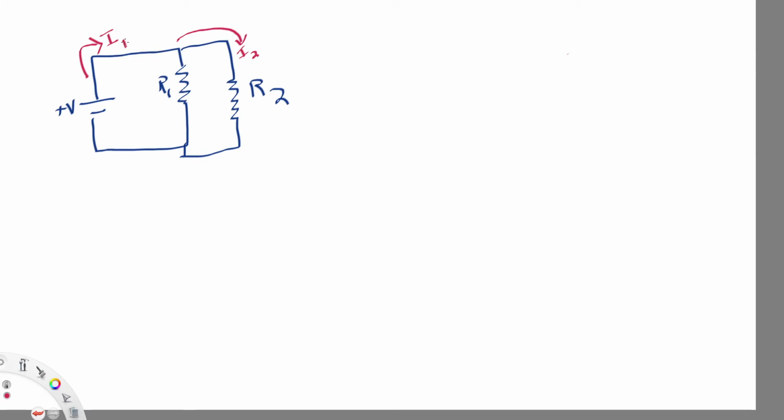And maybe we'll call this I0. So some of the current will go over this resistor 2, and some of the current will come down over resistor 1. Right? So there's a branching path, just like if you had a fork in a pipe for water. You have a split.